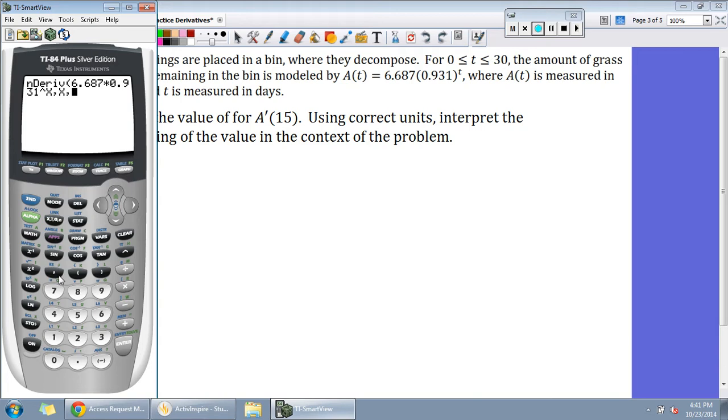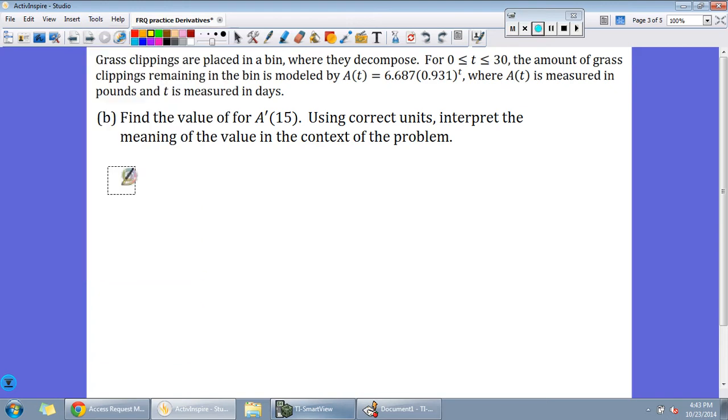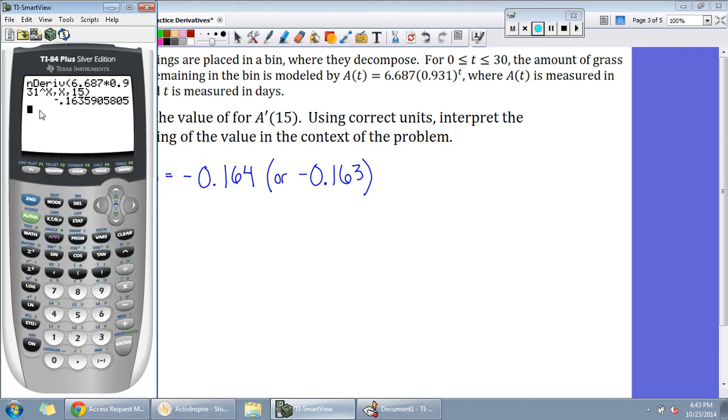And then the number that you're plugging in for x. Press enter. So when you have that, what we're going to write is we have A prime of 15 equals negative 1.64, negative 1.63. And that matches up with our evaluation on the calculator.